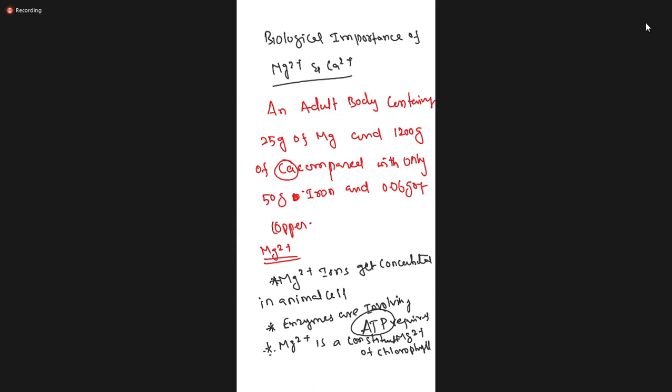Did you understand? These 3 points are the biological importance of Mg2 plus. Mg2 plus gets concentrated in the animal cell. Enzymes involved in ATP require Mg2 plus. Mg2 plus is a constituent of chlorophyll, the green pigment in plants.